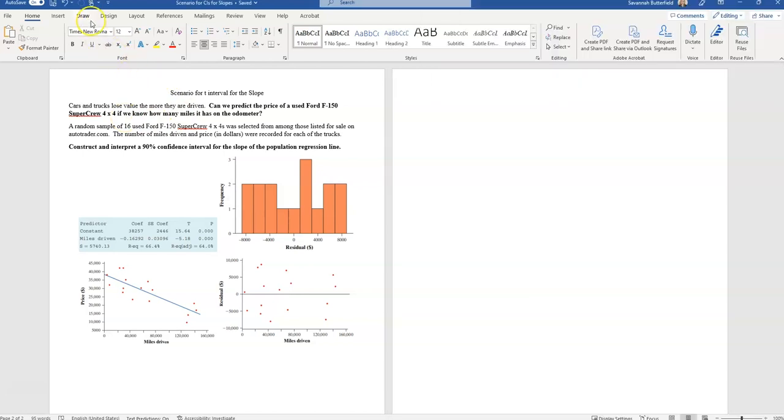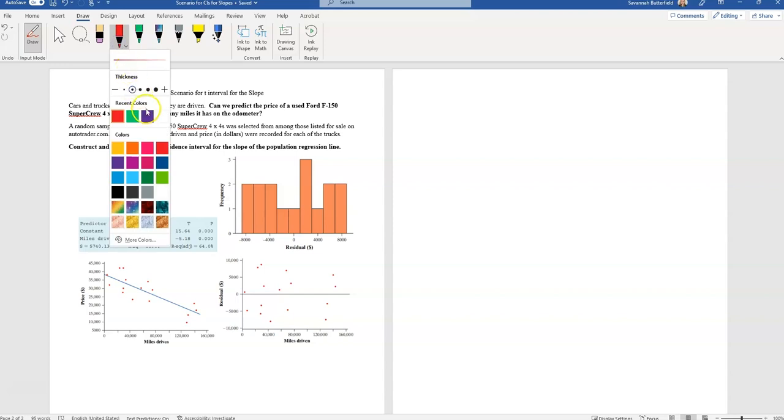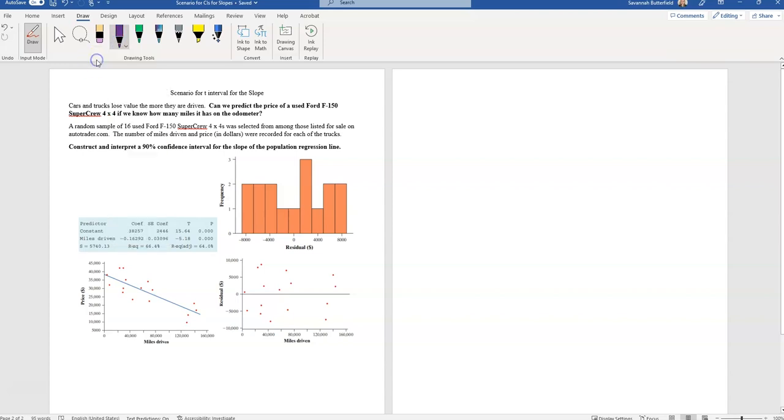And I'm actually going to go ahead and mark that here. Okay, let's go with purple. I hope y'all are okay with that. So that right there is B. And then this guy here, that is S sub B. All right, and really out of this whole computer output, those are really the two that we need to know for the sake of doing this confidence interval, okay?